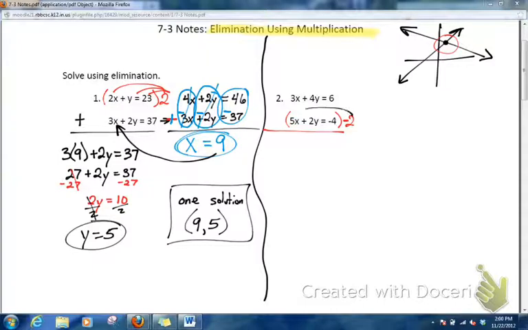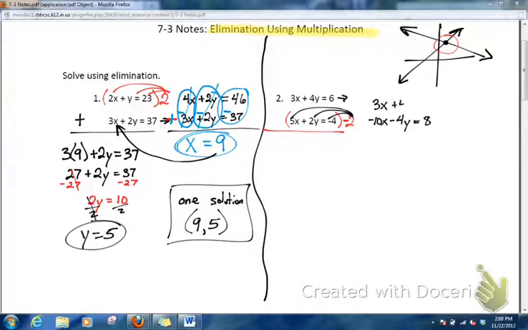And that's what we're going to do here. So we're going to multiply everything in here by negative 2. That's going to give me negative 10x minus 4y equals positive 8, because negative 2 times negative 4 is positive 8. And then the top equation, again, we did not need to change that one, so that one stays the same.